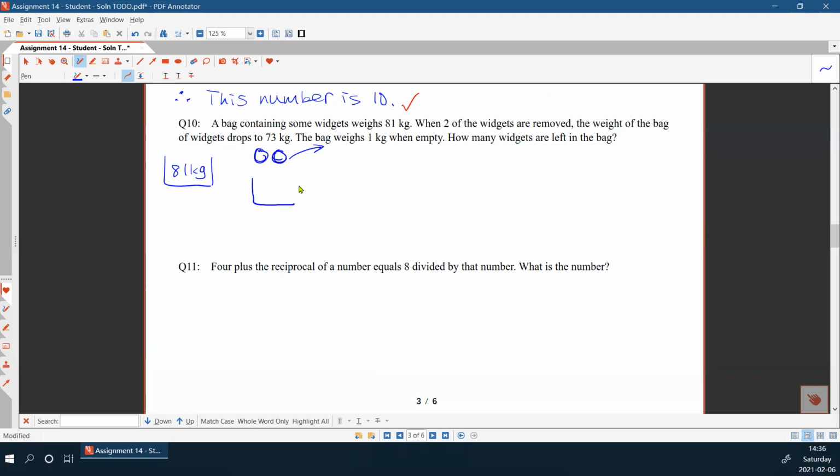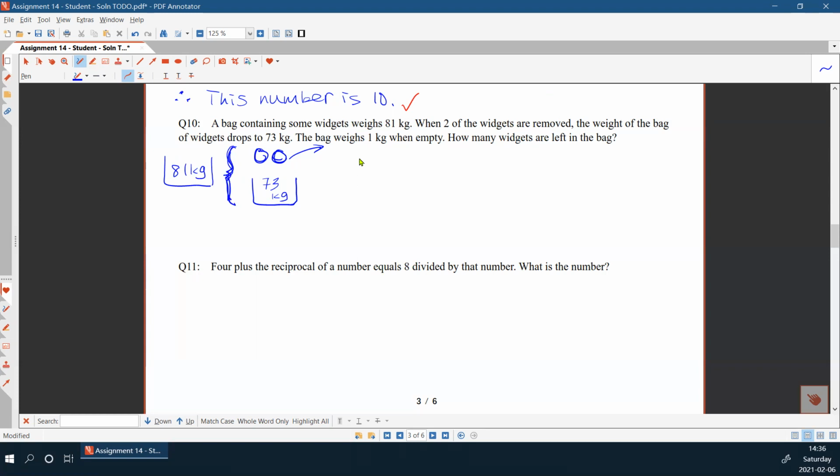and after you remove two of the wedges, the new bag is 73 kilograms, right? That means two of the wedges plus 73 kilograms is 81 kilograms, right?